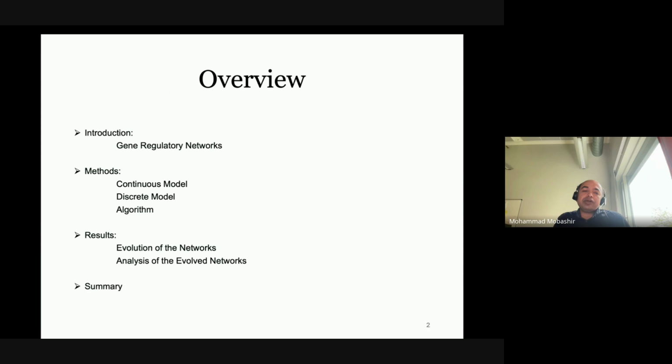So the algorithm which we have used is evolutionary algorithm. And then next part will be the results, outcomes which we are getting after setting up the model and evolving them under certain conditions. And finally, the summary.